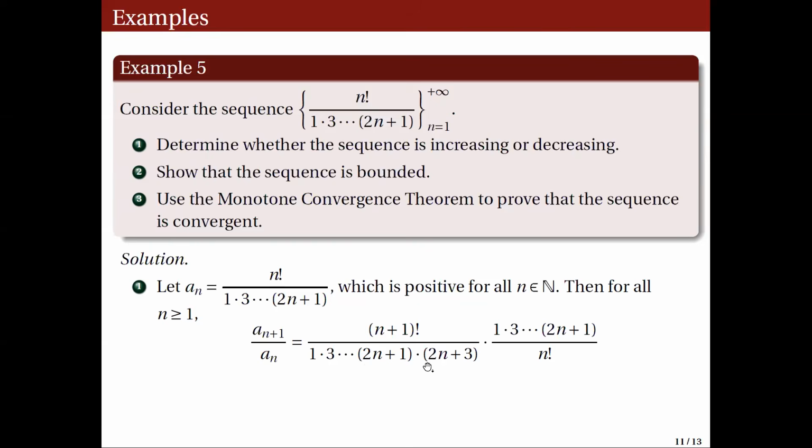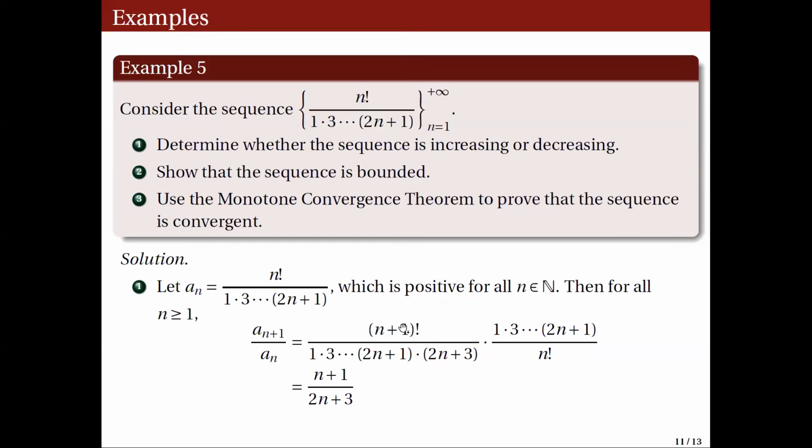Take note that, to make our computations easier, we have to make 2n plus 1 appear in the product on the denominator of a sub n plus 1. And then we multiply it by the reciprocal of a sub n, which is given by 1 times 3 times until 2n plus 1 all over n factorial.